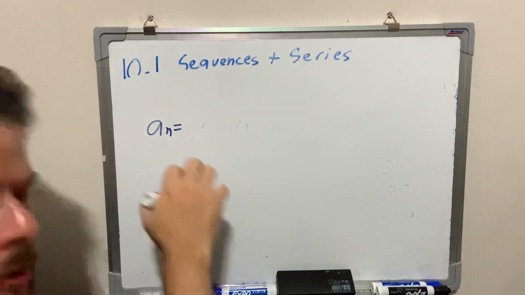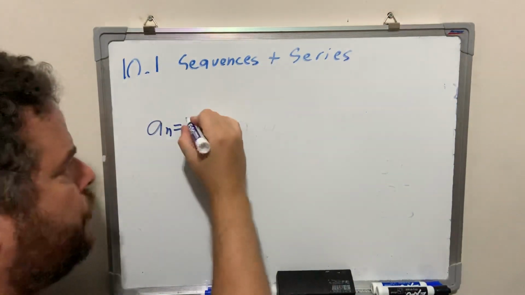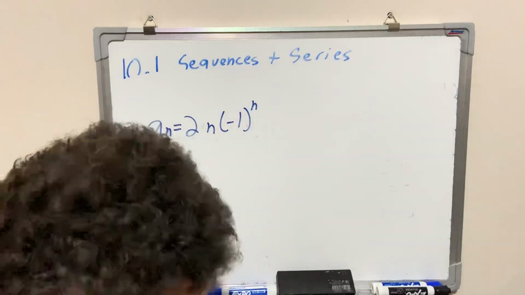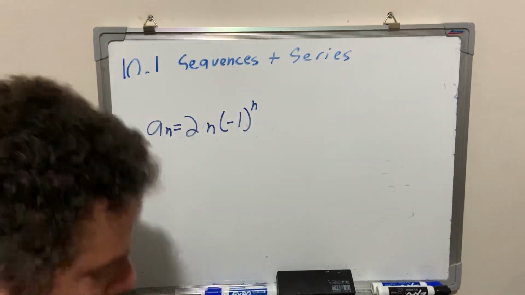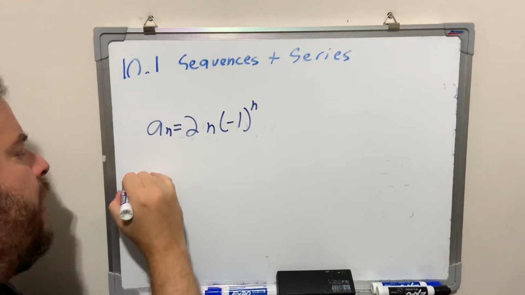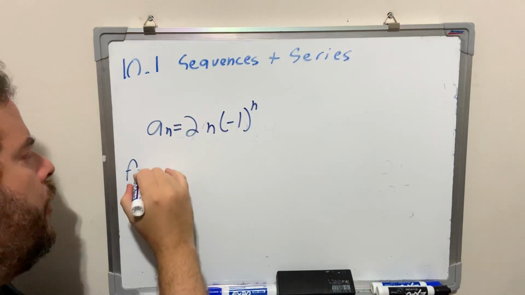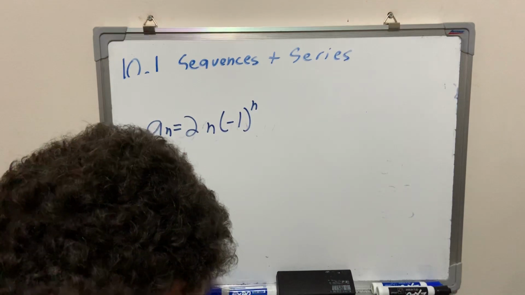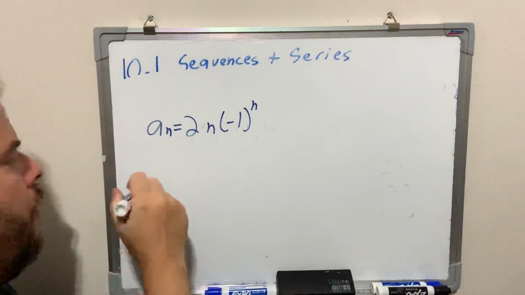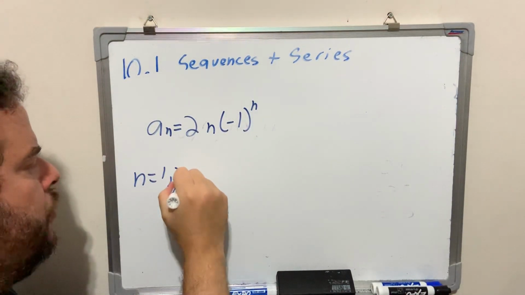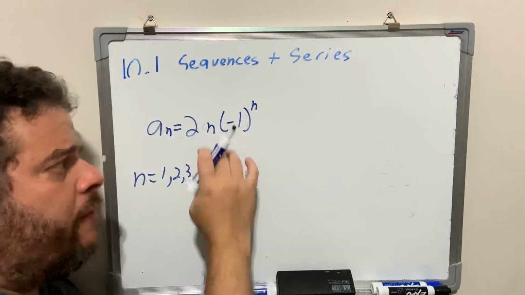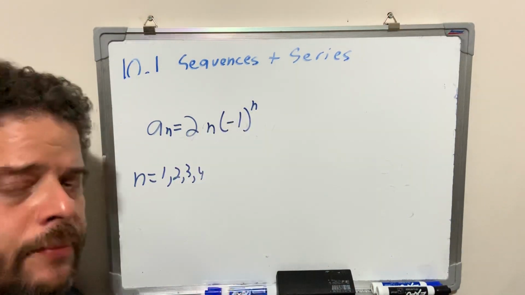I'm just gonna plug it in for my n, or substitute. 2n times negative 1 to the nth power. And they're telling me to find the following values for f of n, for n equals 1, 2, 3, and 4. All we gotta do when they give you the formula is substitute.